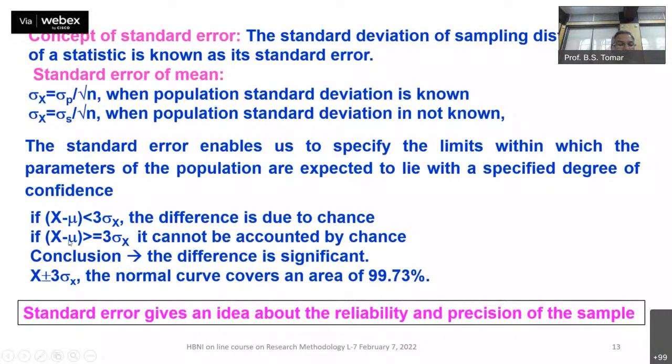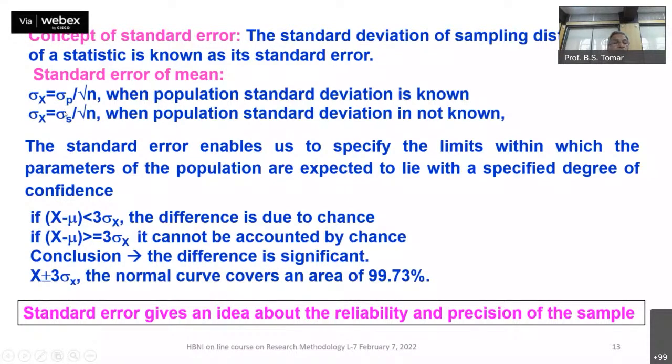So in this particular case, if x minus mu is more than 3 sigma, we say that the difference is significant. That means this is not by chance, but there really is a difference. So x plus minus 3 sigma x on the normal curve covers the area of 99.73%. So with this much percentage confidence, you can say in this case the difference is due to chance only. Here, it cannot be accounted for by chance.